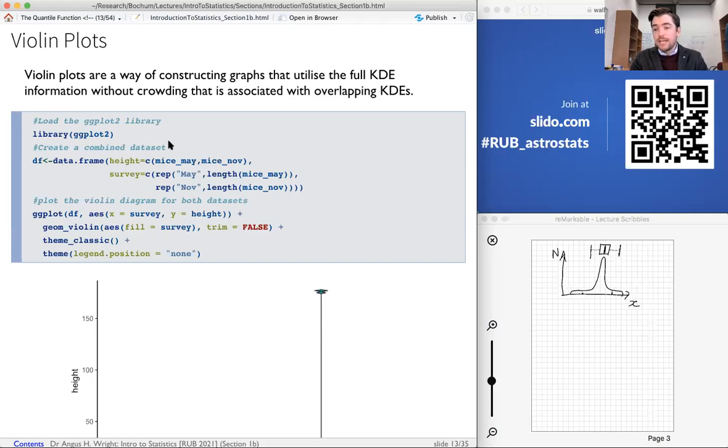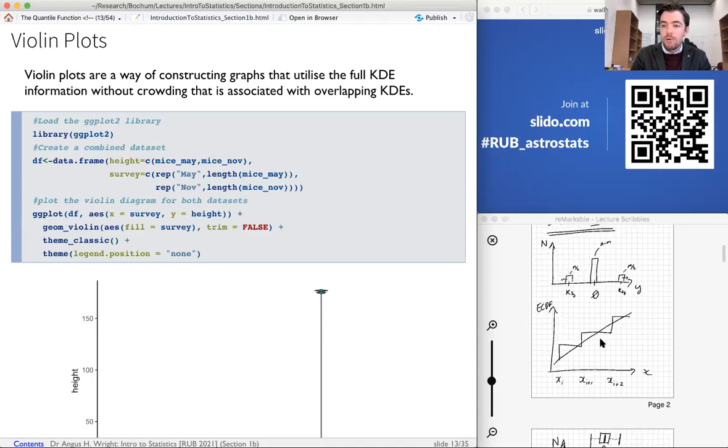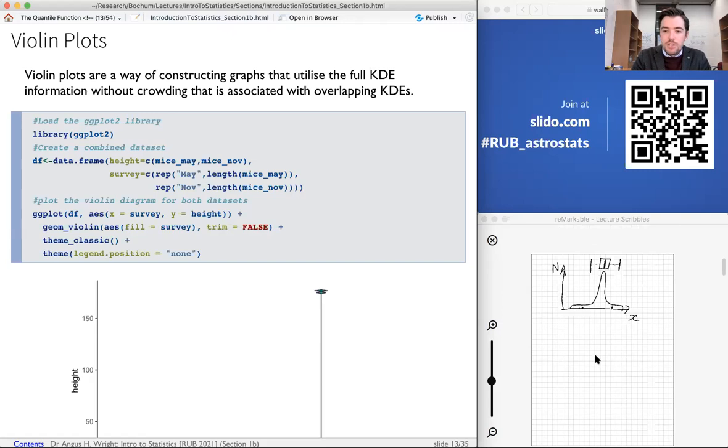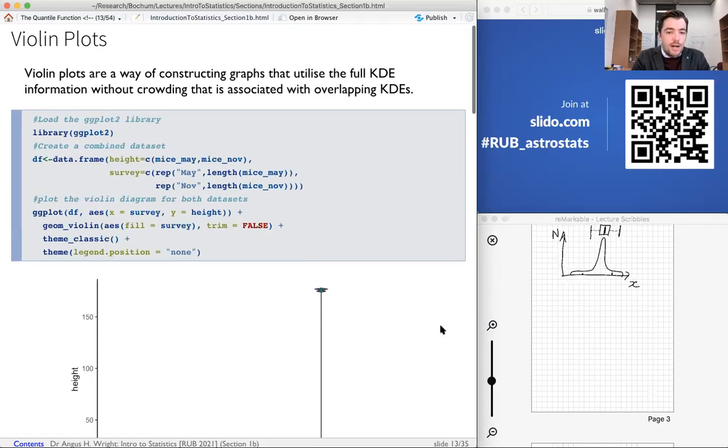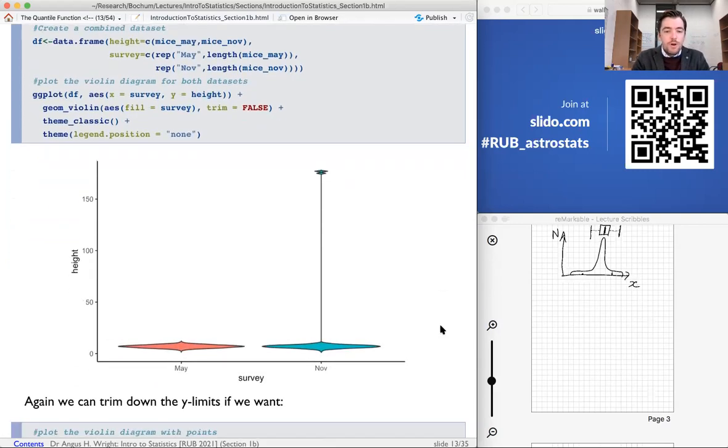But instead of using the KDE in the way in which we plotted it before, which was just a distribution on the x-axis with our little outlier bump, what we can do is construct what's called a violin plot. And the violin plot looks like this. I'm going to draw on my own slides here for the sake of explanation. The violin plot is essentially the KDE.